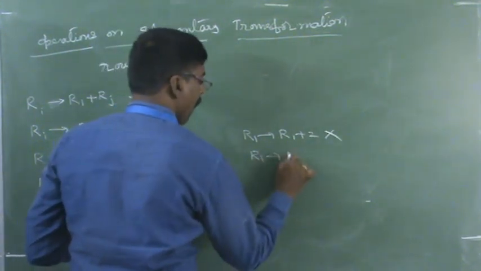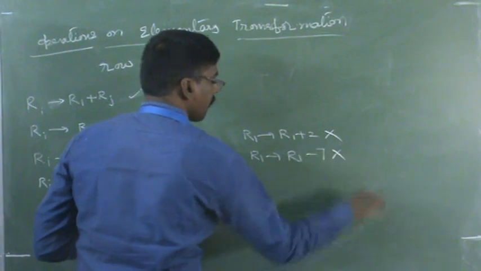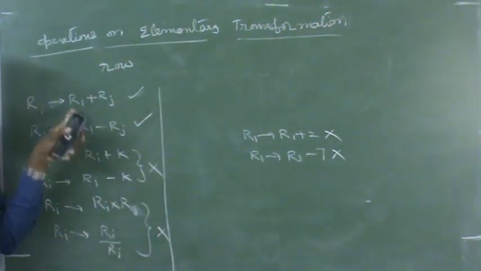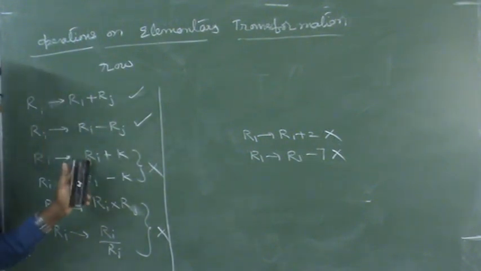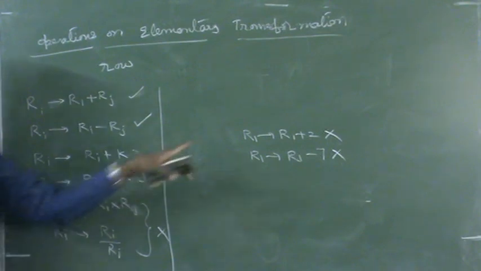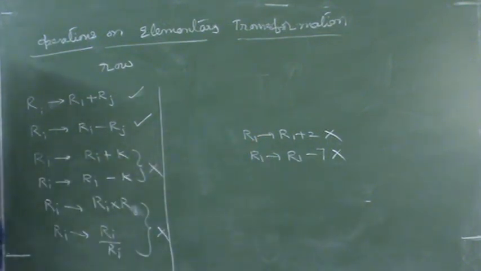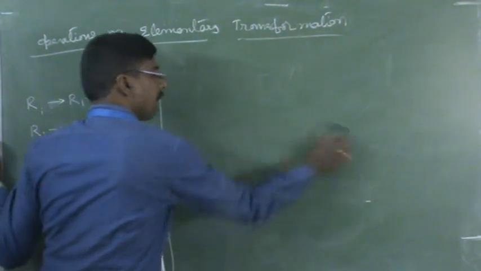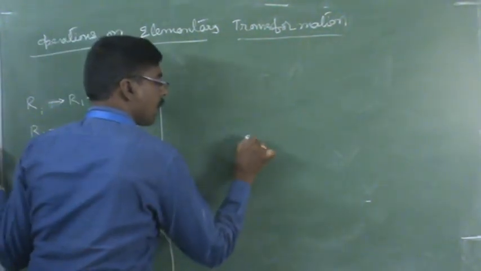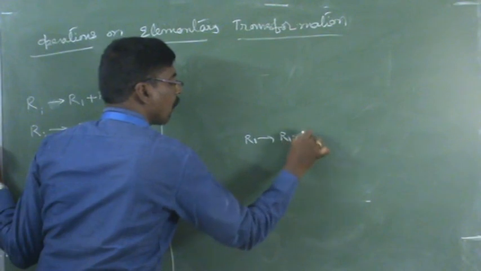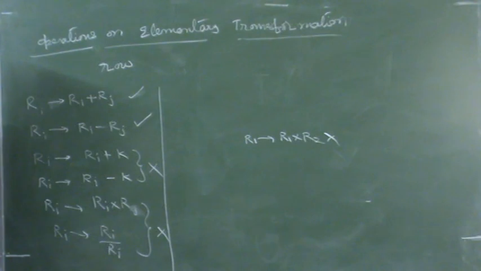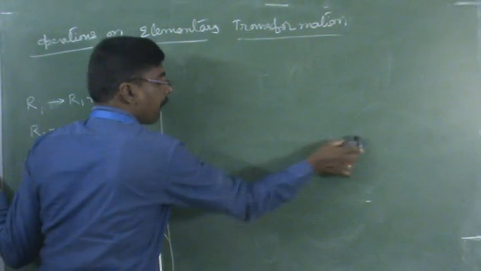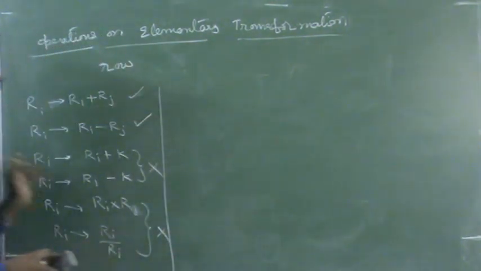R1 tends to R1 minus 7 does not exist. R1 plus R2 and R1 minus R2 exist, there is no problem. But R1 plus 2 and R1 minus 2 do not exist in elementary transformation. Similarly, R1 tends to R1 into R2 does not exist, and R1 divided by R2 does not exist. Be careful when solving problems related to the elementary transformation concept.